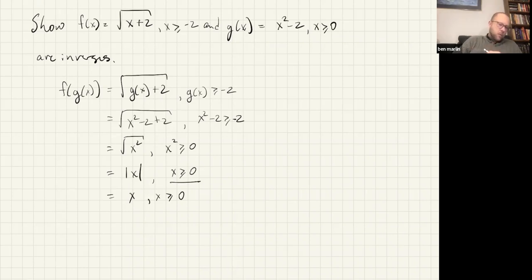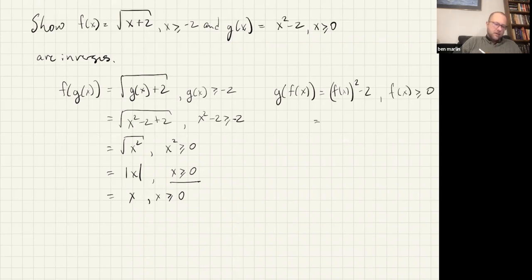Now, we really ought to go ahead and check the other end of this as well, talk about g of f of x, and that would mean that you need to have f of x, the quantity squared minus 2, with your f of x being greater than or equal to 0.